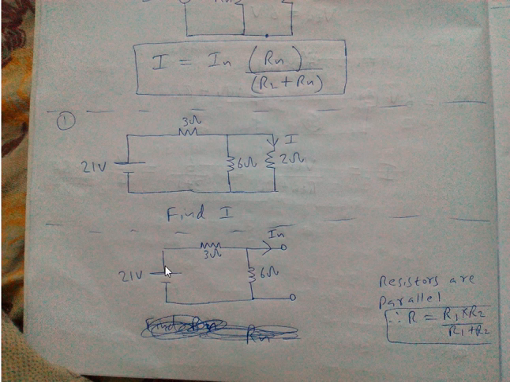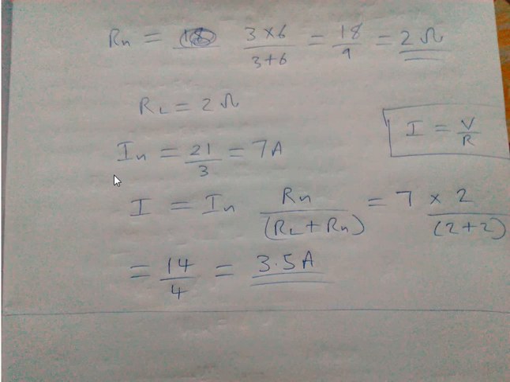We are not doing anything with this 6 ohm here, because when current reaches this junction, it will go to the area that doesn't have any resistor. Here there is a resistor, so current always prefers the area without resistance. So it will go to this side. We have to consider 21 and 3 ohm, so IN is equal to 21 divided by 3.